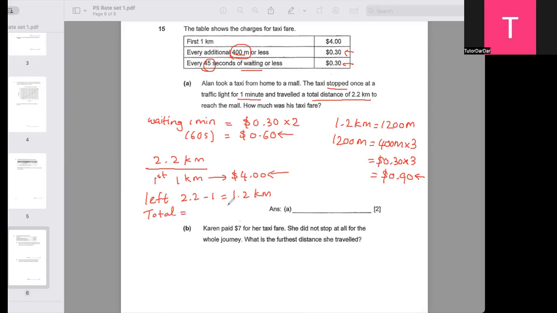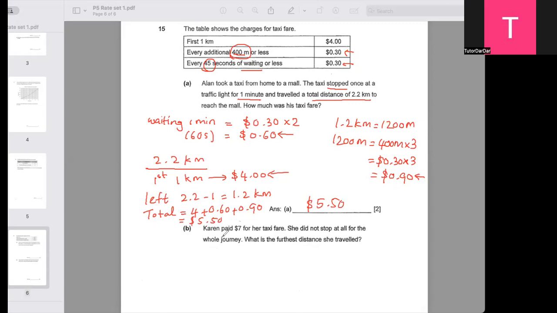It is going to be $4 plus 0.60 plus 0.90, which will give you $5.50. This is for A.